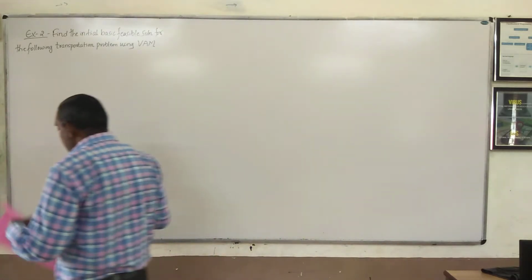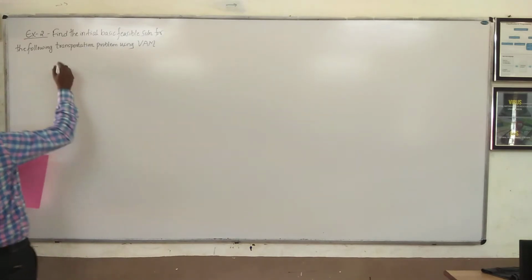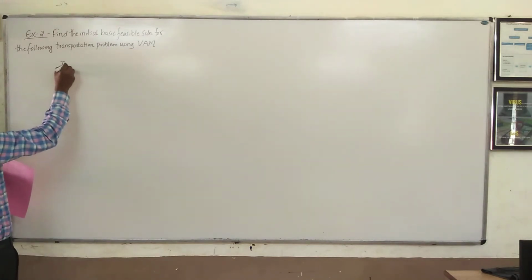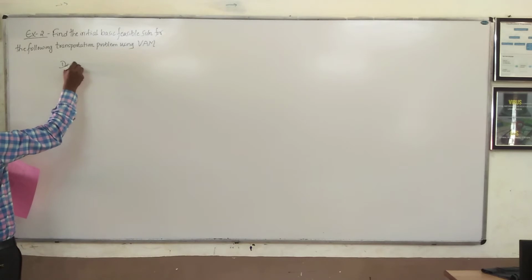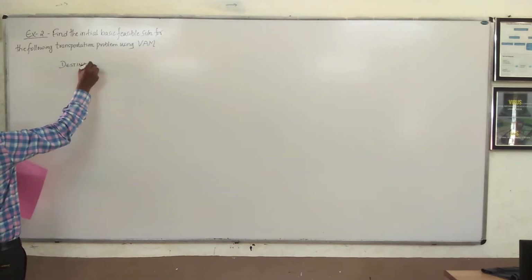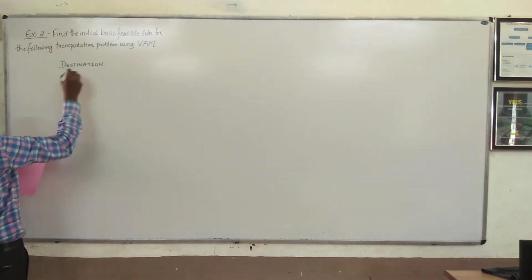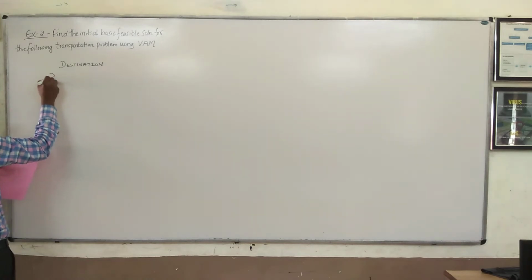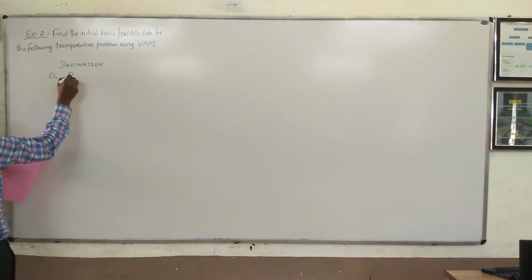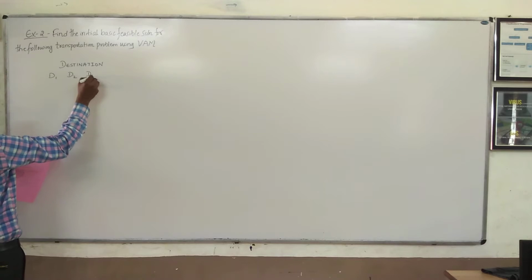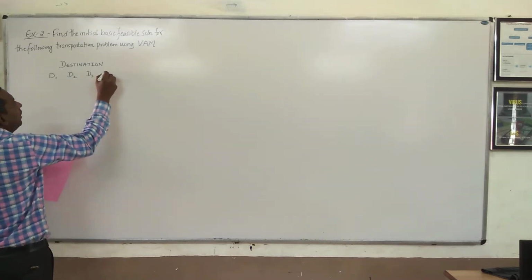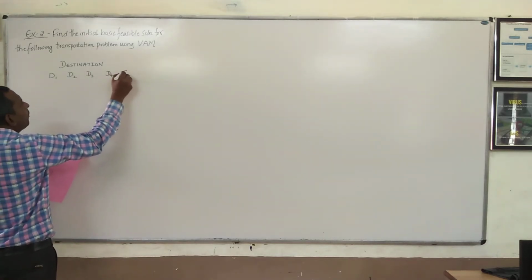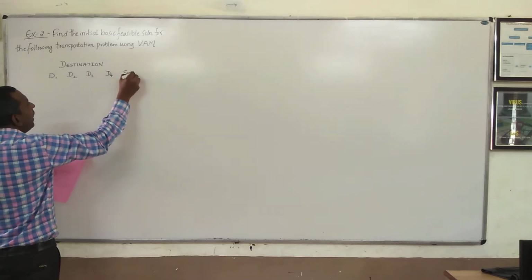So let me write the values here. The destinations are D1, D2, D3 and D4, followed by supply.